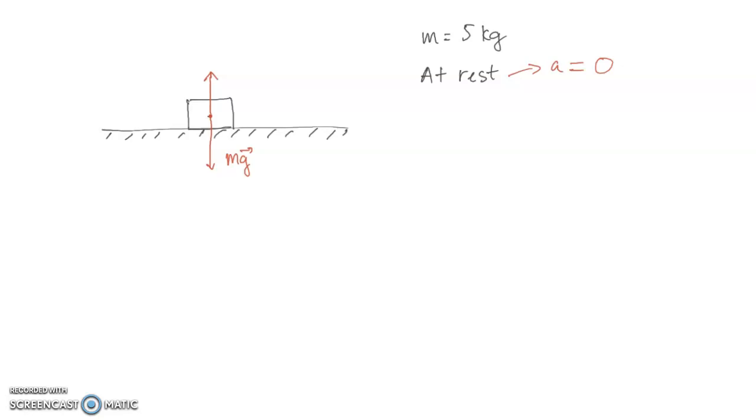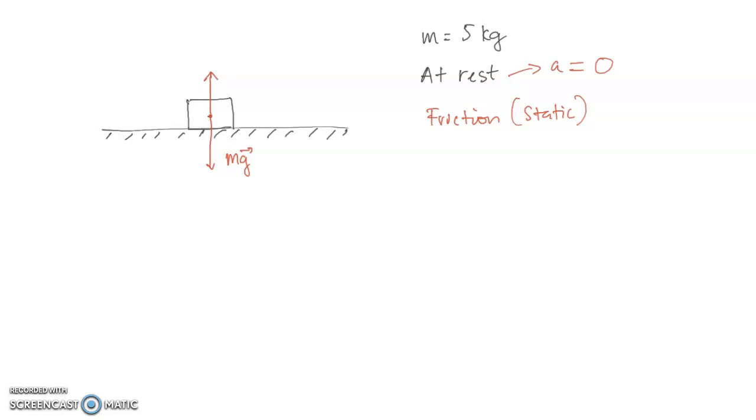Now, is that all? Actually, there is the friction force, right? It's actually a friction force that is at rest. So we have friction, but in this case it is a static friction because the object is at rest.